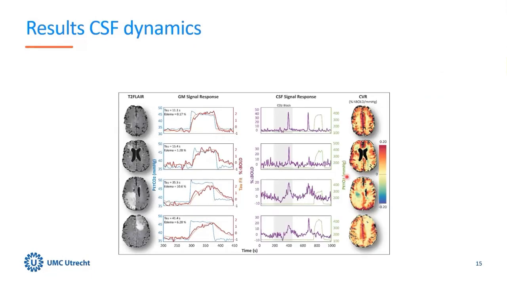Then for the analysis of the CSF dynamics, we looked at the CSF inflow following this hypercapnic block, so only the first CSF inflow peak. You can immediately tell that if you look at those upper 2 patients again, the ones that showed very little edema, you get these nice sharp inflow peaks.